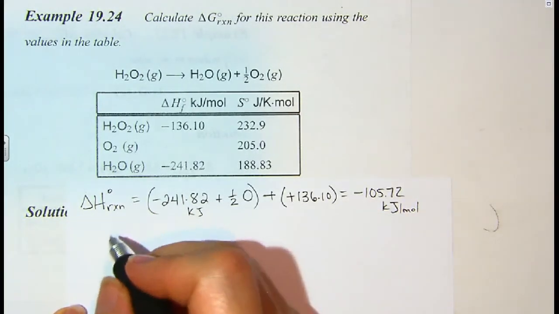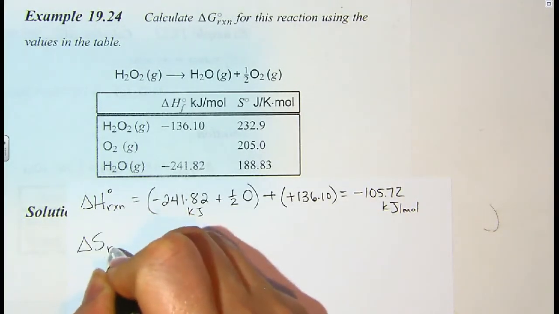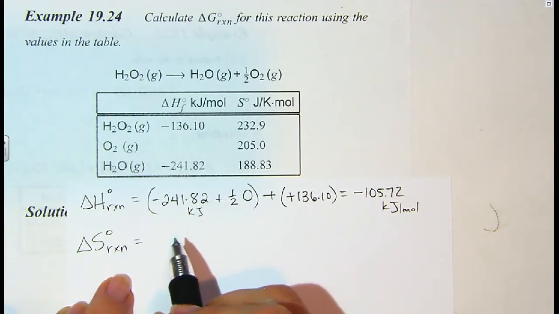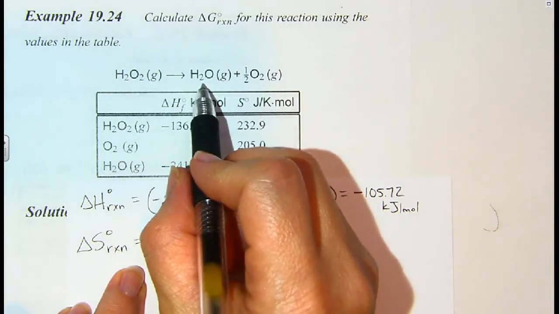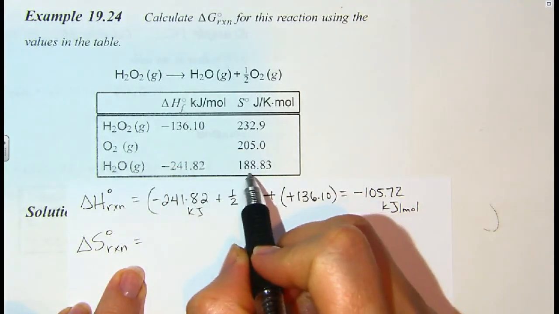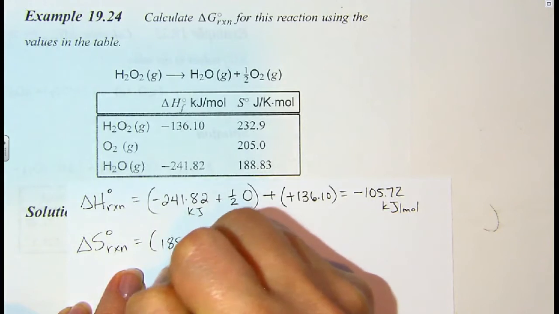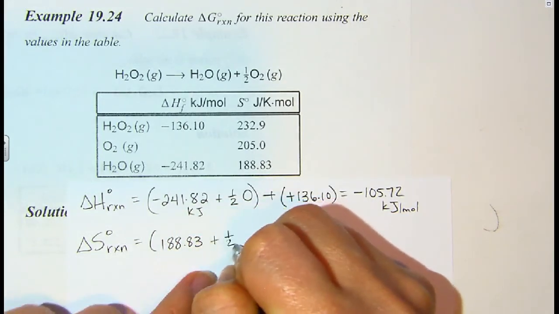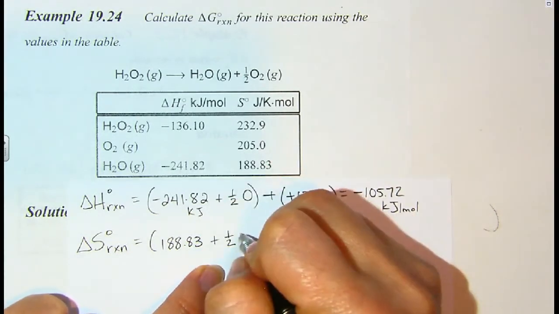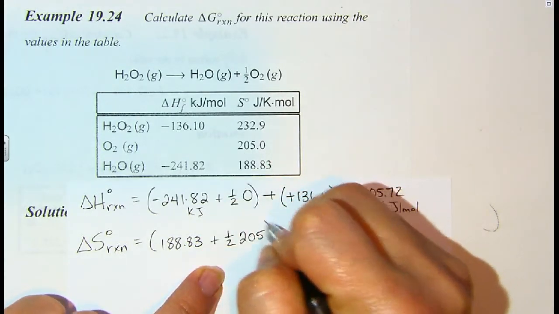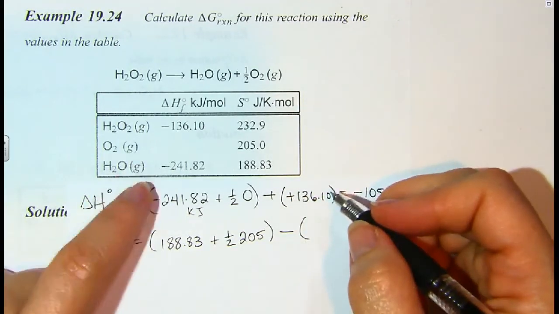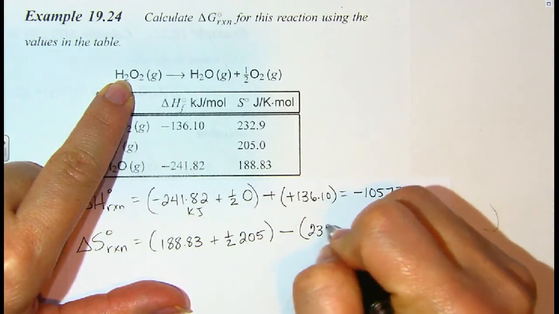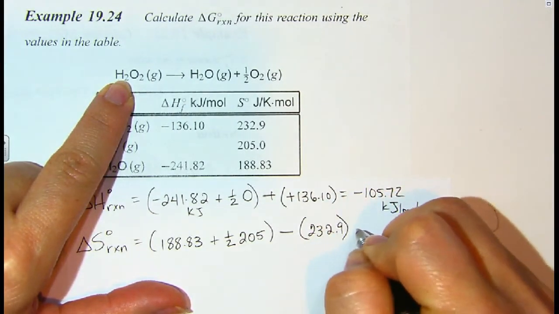Now we're going to do the same process but determine the delta S of the reaction. And what I'll do is convert my final answer from joules to kilojoules. So for H2O my delta S is 188.83 plus 1/2 the entropy of the oxygen, which is 205, minus the entropy of my reactants, which is 232.9.